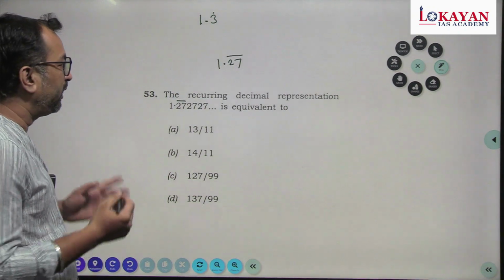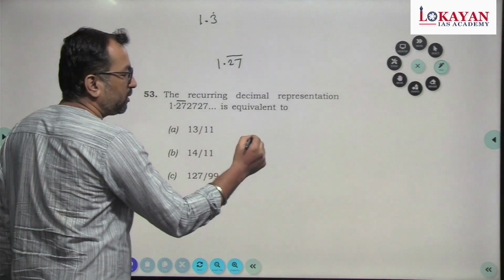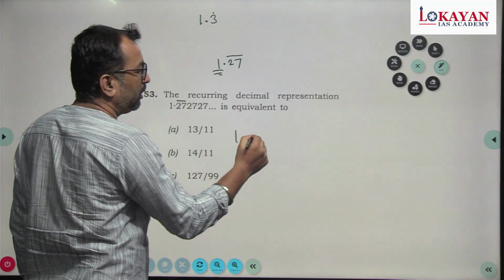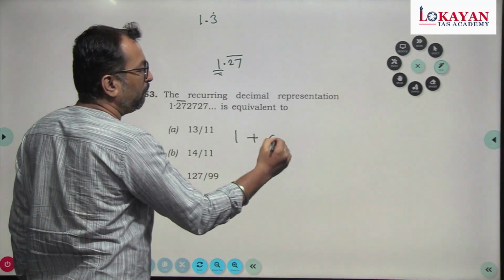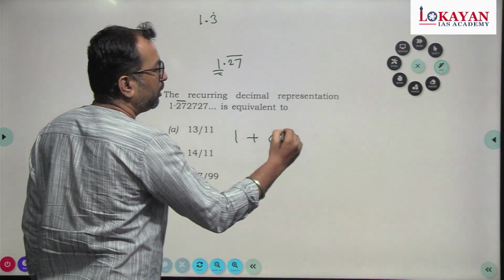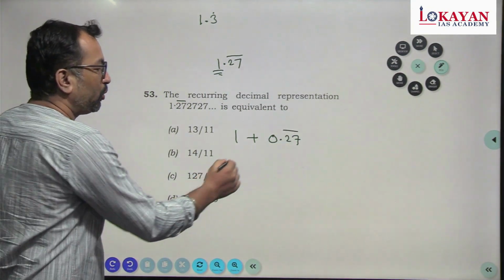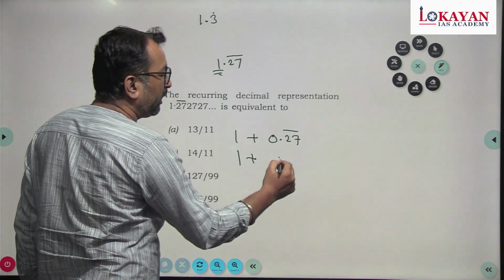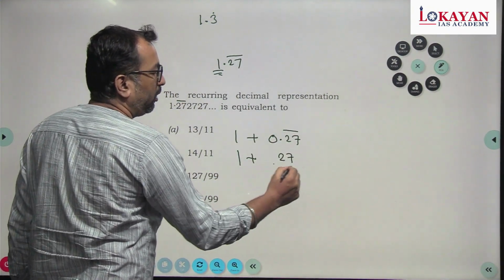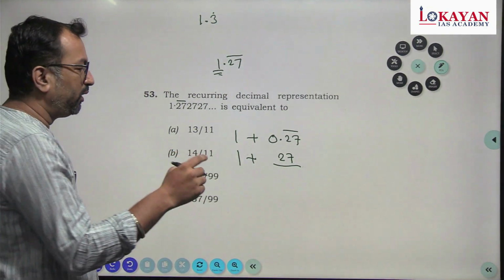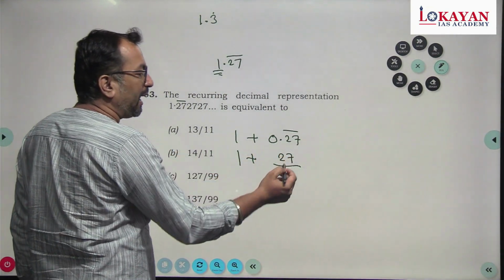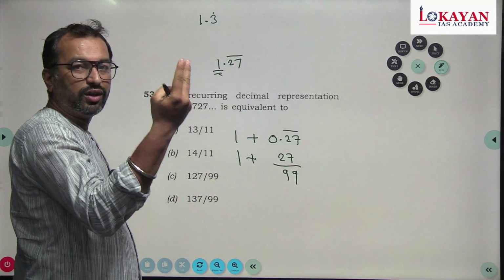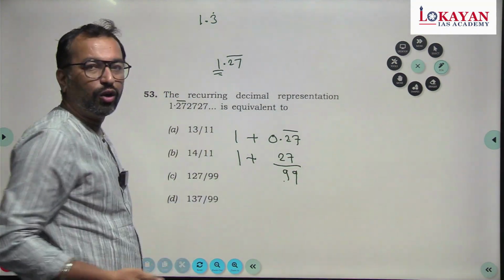So how to do that? There is one method. Just see, here 1 is the whole part. So keep that 1 aside, and the recurring part is 0.27. One method to convert a recurring decimal into a simple fraction is to write down the recurring part in the numerator, and write down as many 9s in the denominator as there are digits in the recurring part. 27 means there are 2 digits, so write 2 9s in the denominator.